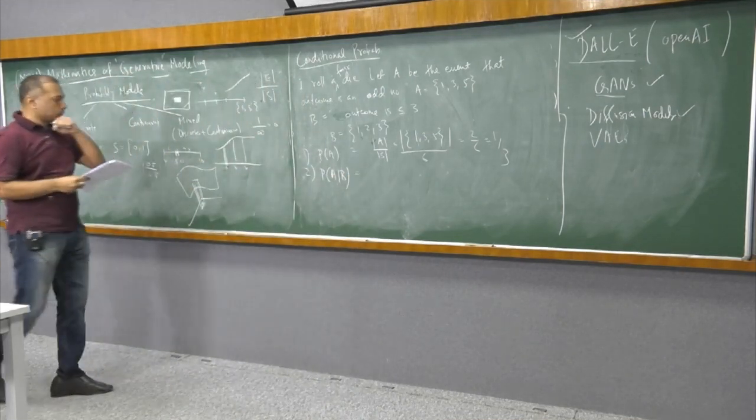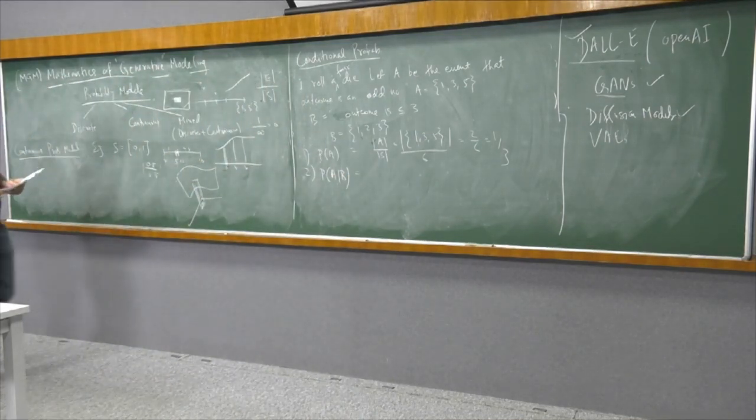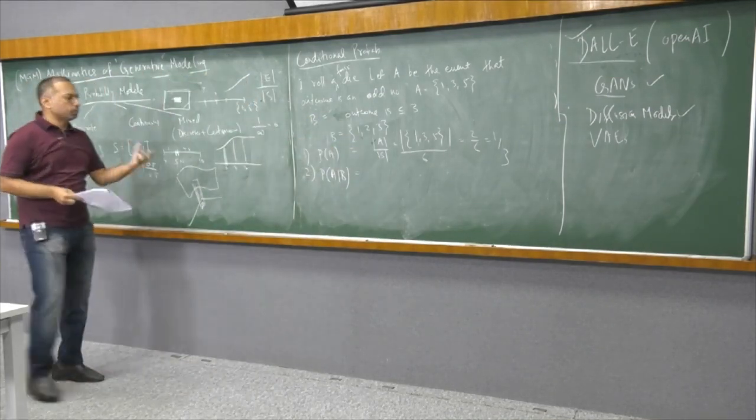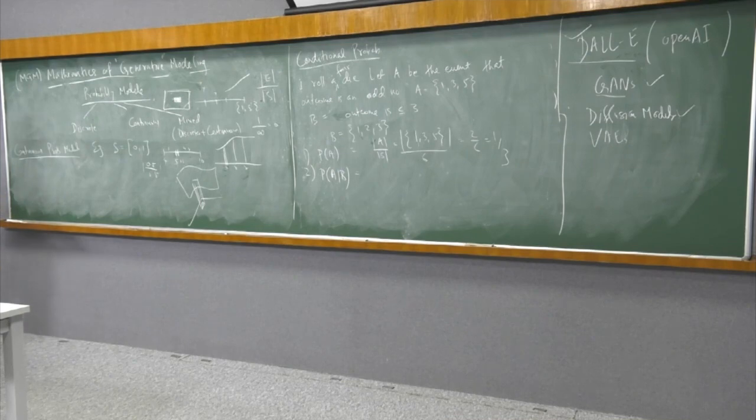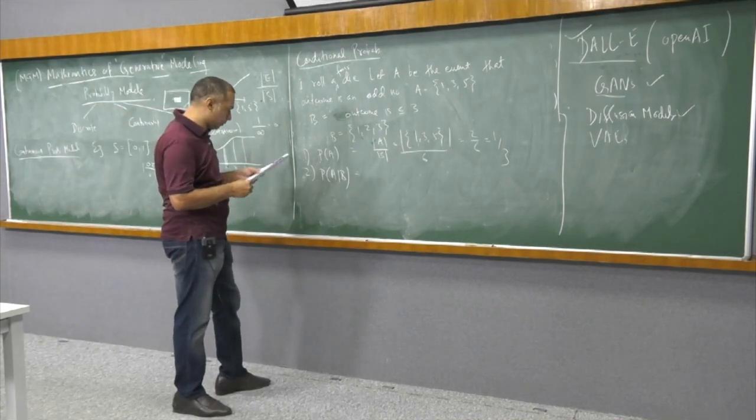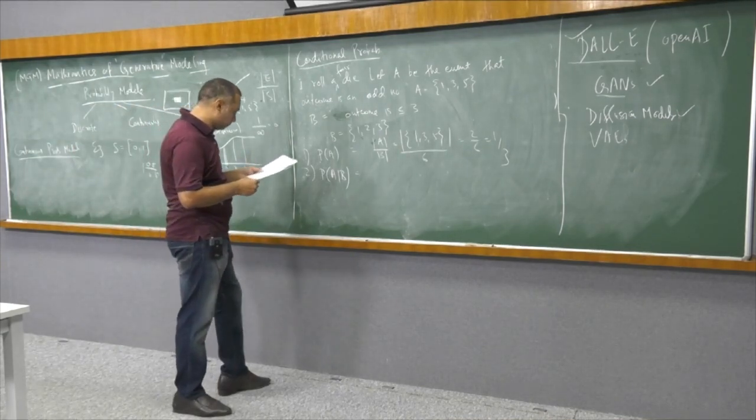So the thing in conditional probability is that the moment B happens, your sample space reduces, because you are given B. Then in that I'm asking which of these is odd. So hence in that case the probability will change.